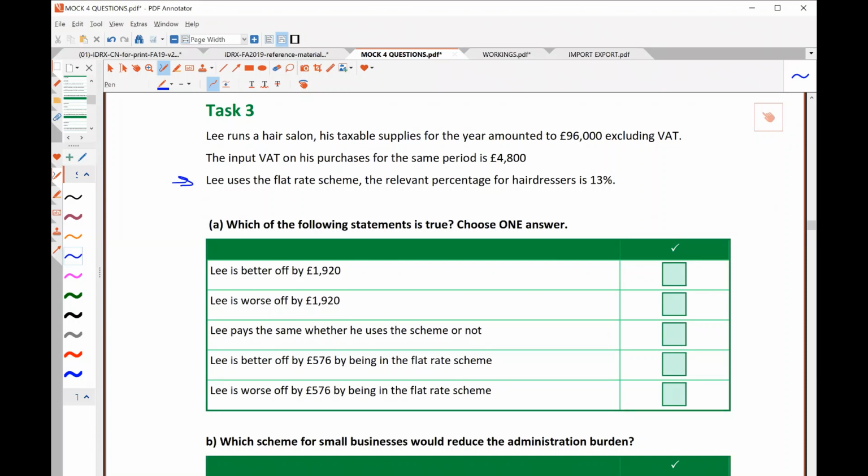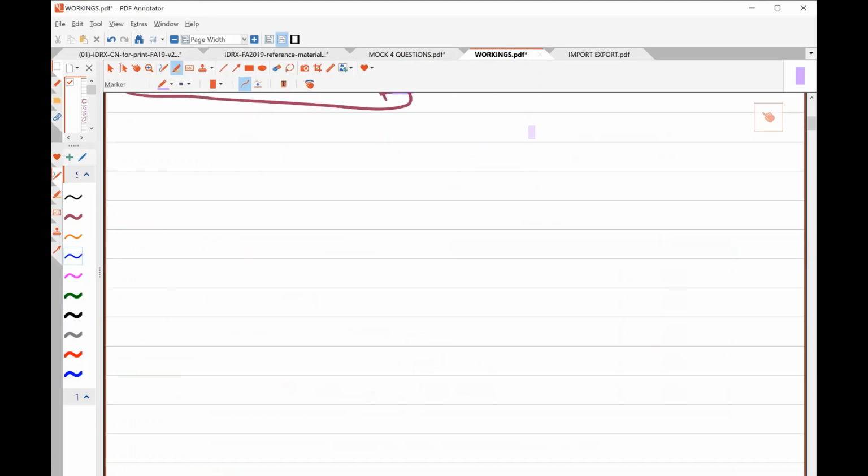What we're trying to do is work out some numbers, and then decide yes or no which of these statements are true. First thing I'm going to do is look at what would happen if he was not using a special scheme and was just using the normal standard scheme.